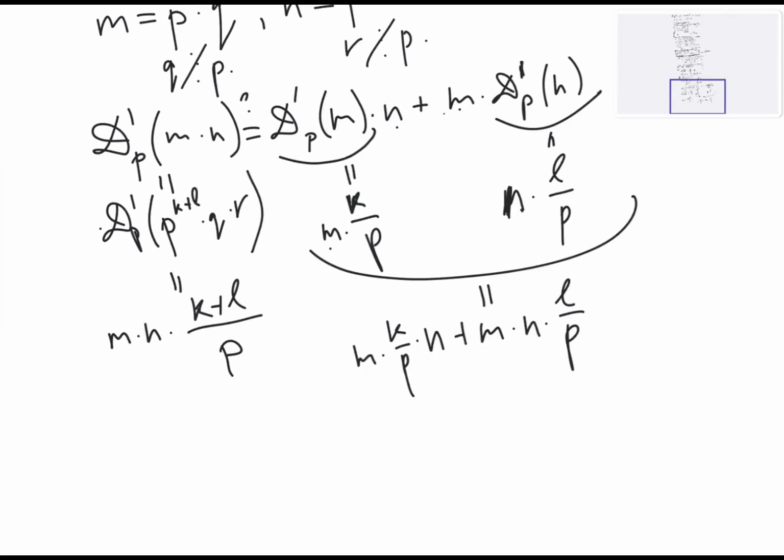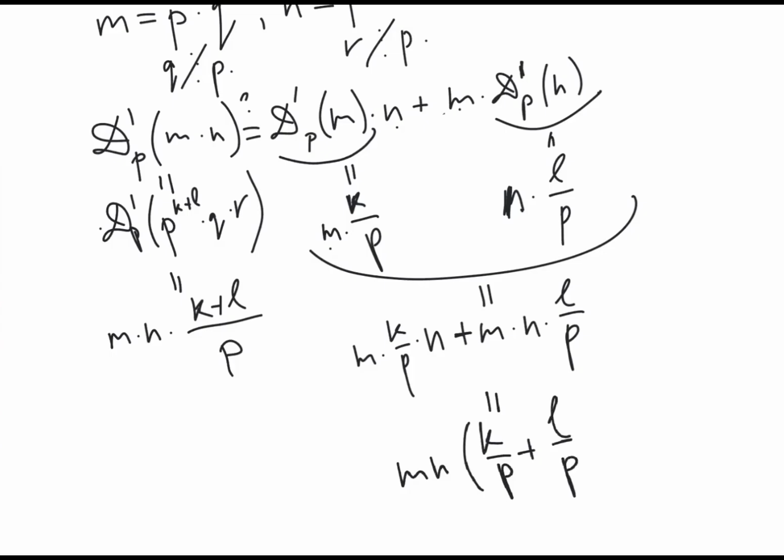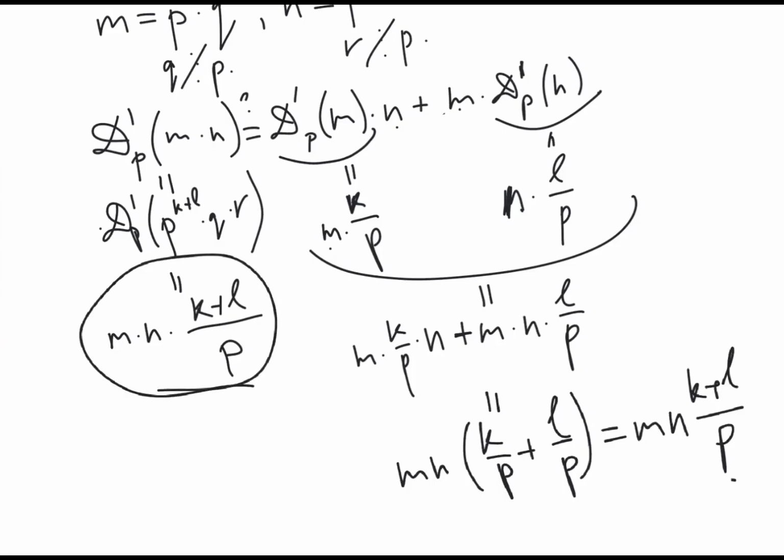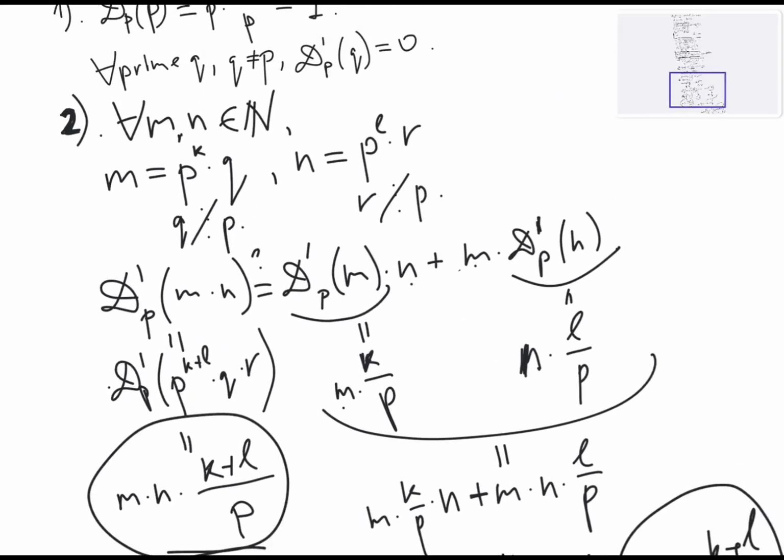So this is equal to mn multiplied by k over p plus l over p, right? And this is equal to mn multiplied by k plus l over p. So we look here and we look here. This is exactly the same expression. So indeed the left hand side is equal to the right hand side. So this equality holds, and we can remove the question mark.